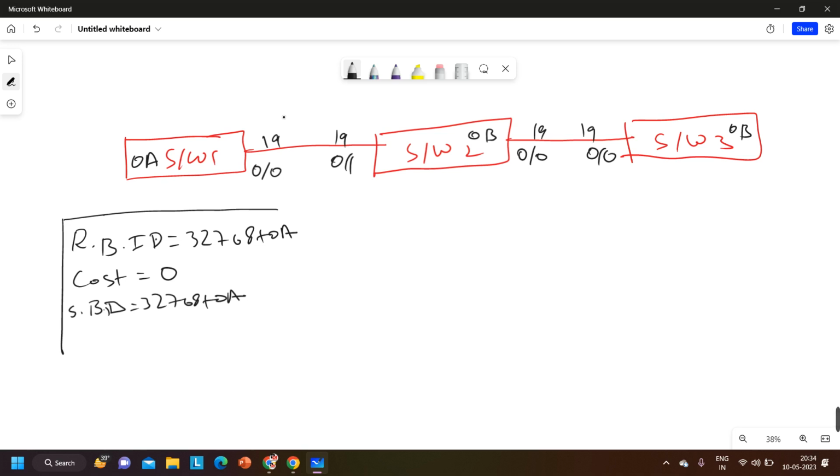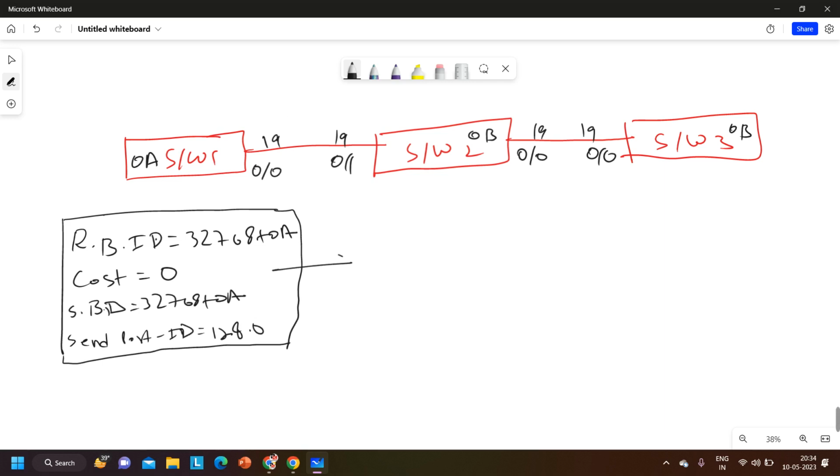Yes or no? After that, there will be the sender port ID. So tell me, what will be the sender port ID? 0/0. 128.0. Yes or no? Yes, sir. This will be the BPDU of switch 1, and these are the important information. Done, guys?